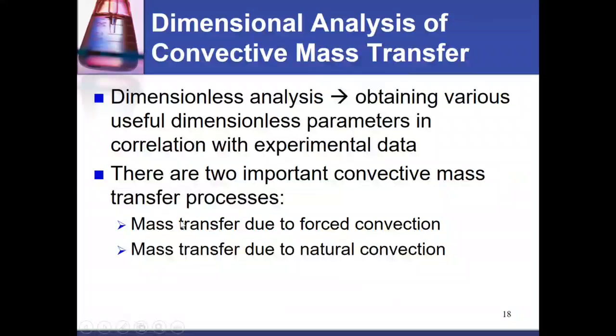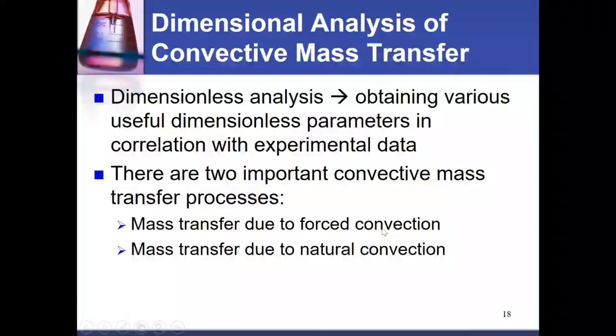And we'll do it for two cases. The first case is for forced convection, and the second one natural convection. Forced convection, I'm not sure if you come across this one in heat transfer. Have you come across forced convection and natural convection in heat transfer? Yes, doctor. Okay, so you are familiar with these terminologies, right?